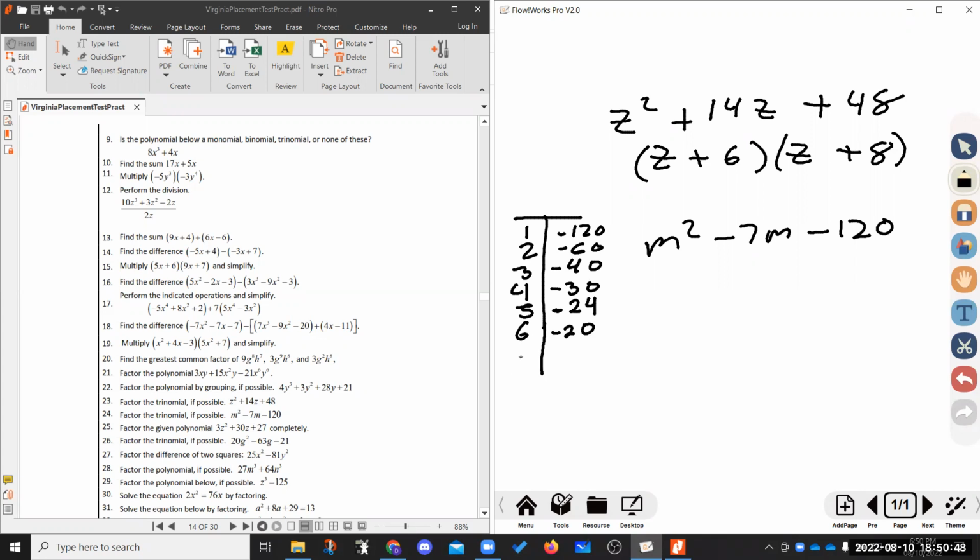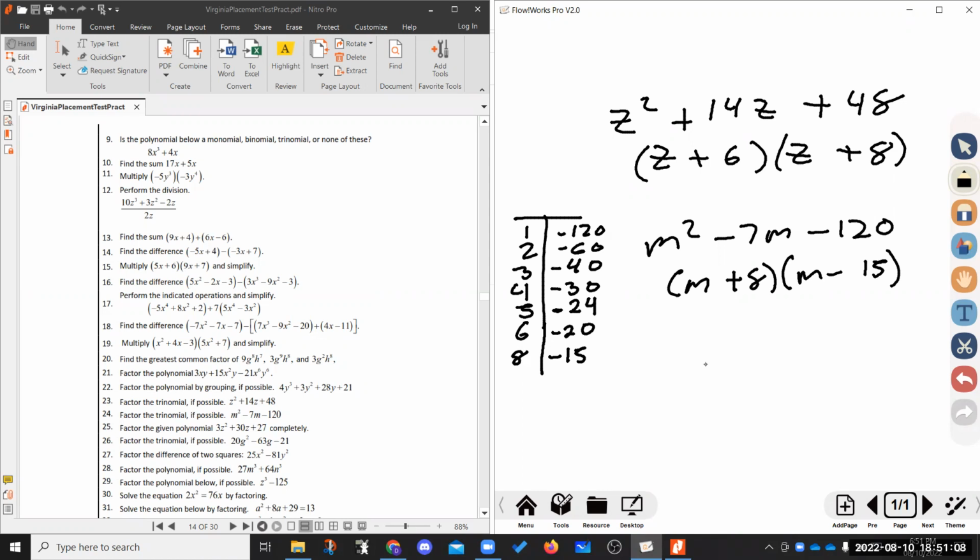No, 7, 8, and negative 15. There we go. That's it. So m plus 8 and m minus 15. They add together to give me a negative 7.